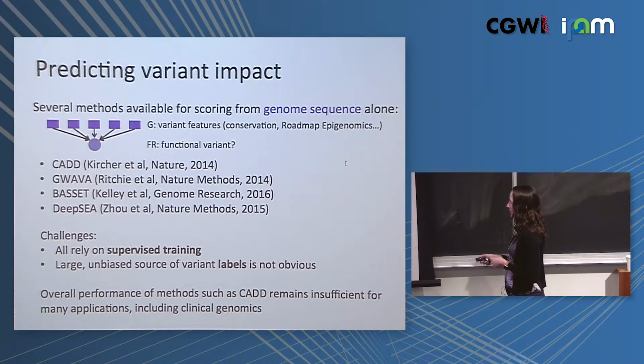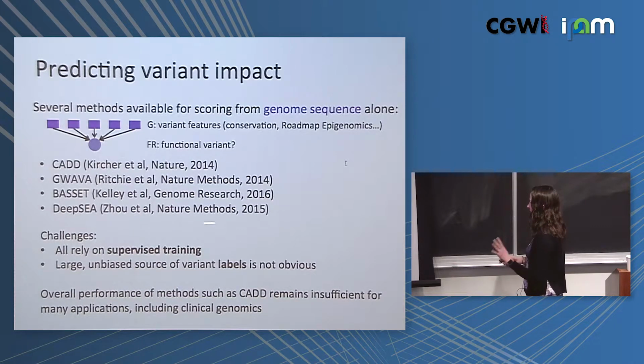For instance, GUAVA is trained on known pathogenic variants from ClinVar, for example. CADD uses an estimate of deleteriousness based on principles of selection, but none of them come without their biases. For GUAVA, for instance, the ClinVar set is quite small. Others are trained directly on functional data, such as chromatin state and others, but essentially getting a large and unbiased source of variant labels is not obvious.